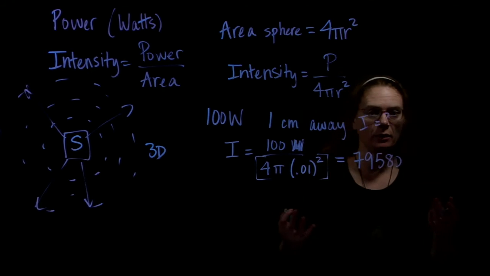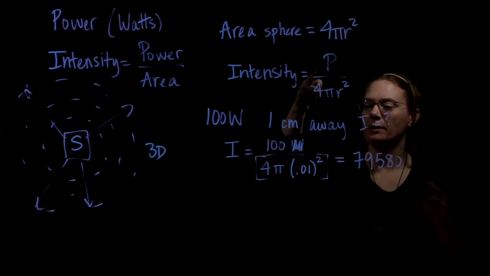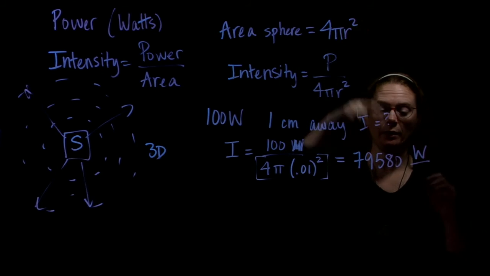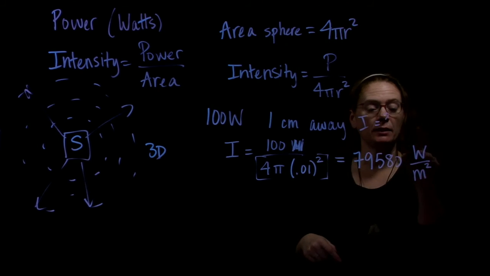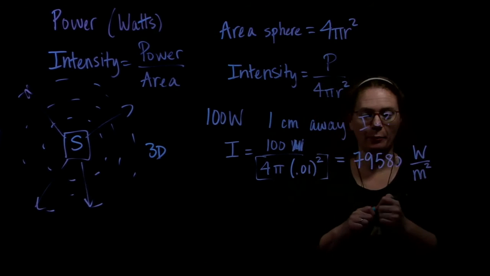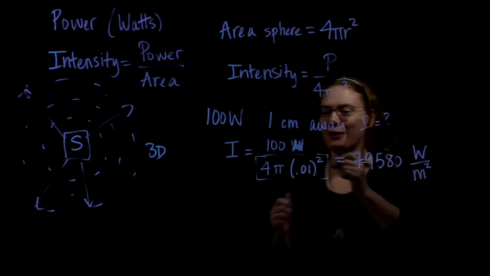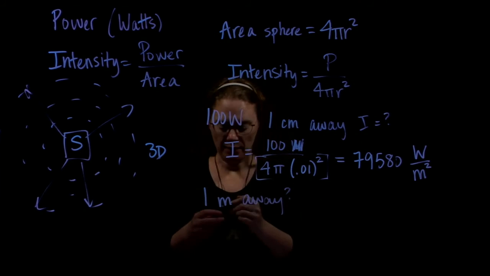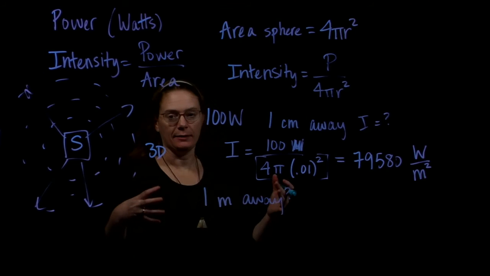79,580. Now what is the unit? Power on top and area on bottom, r squared, meters squared. So intensity is watts per meter squared. So that's 1 centimeter away. That's pretty good intensity there. How about 1 meter away? Well, you know that it needs to be less intense.